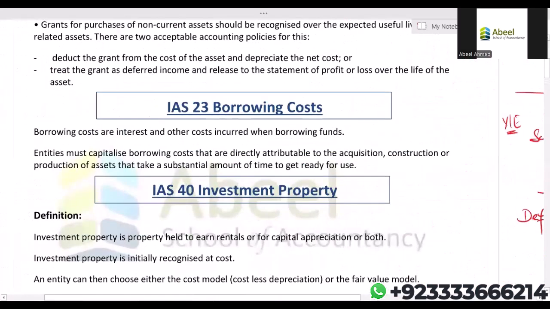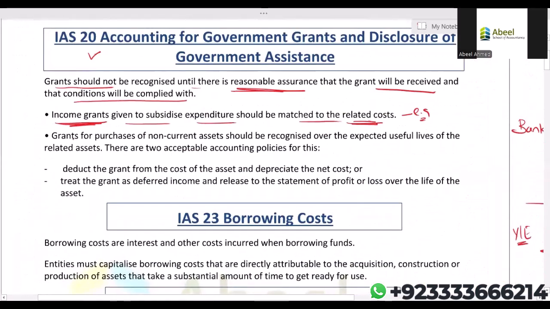Now come here. Grants for purchases of non-current assets. Again, there are two possible accounting treatments. Grants for purchases of non-current assets should be recognized over the expected useful lives of the related assets.